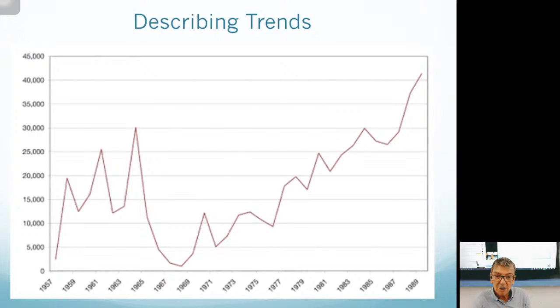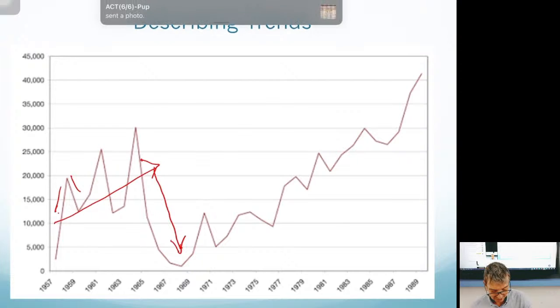So let's continue. Looking at this, it looks a bit complicated to start with. So how can we describe something like this? Rather than talk about the ups, so this is going up, here we can see the first part, the ups and the downs. We can talk about general trends, so this would be the direction that it's going in. Then you have a downward trend, it goes down, and then something like this, it goes up again.